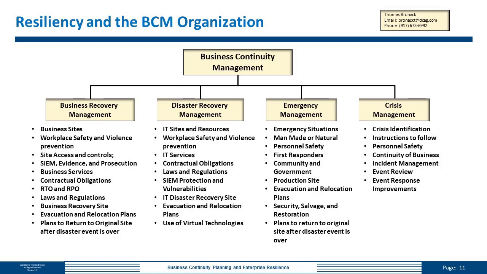Emergency management is concerned with natural or man-made disasters that may threaten life. Events like tornadoes, fires, or hurricanes, as well as terrorist activities are included in this category of recovery management. 4. Crisis management is concerned with events that may cause personnel injury like the COVID-19 pandemic that is currently affecting the world's population.